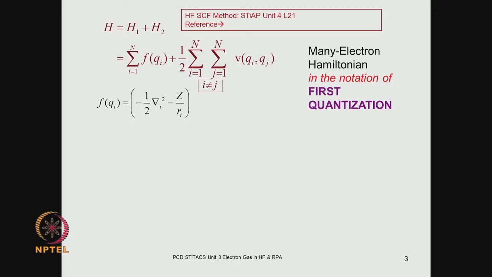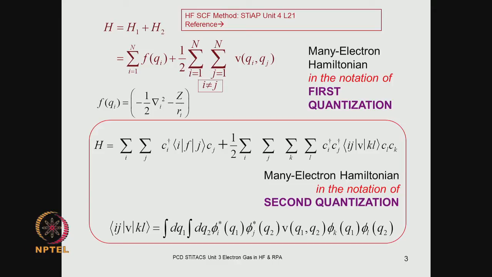F, Q, I's are the one particle operators which consist of the kinetic energy part and the nuclear attractive potential, as you can see. And then you of course have the electron repulsion term between every pair of electrons, and you have to exclude I equal to j from this double summation, which is over I and j going from 1 through n. This is the Hamiltonian as we worked with in the first quantized notation.